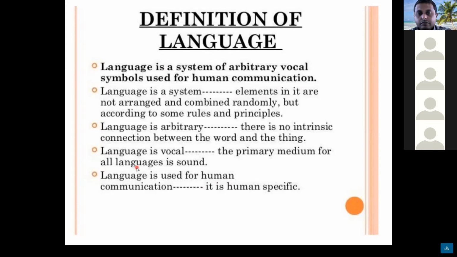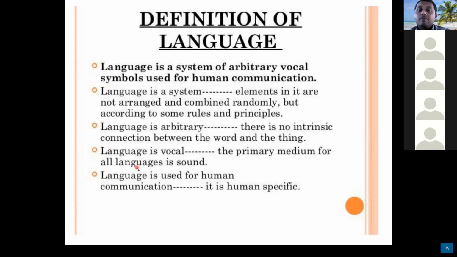Yes. So the thing is that we learn spoken form of a language earlier than the written form.